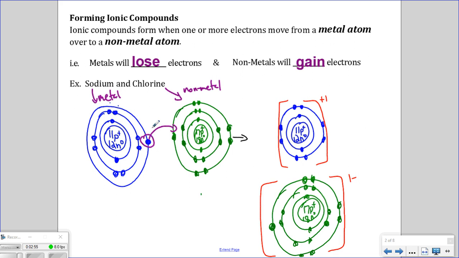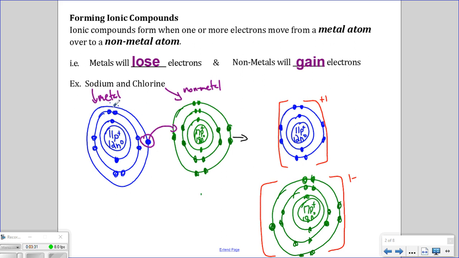So by losing this electron, these 8 electrons will become the valence electrons, and so sodium will be happy now. It has a full orbit of electrons. Here with chlorine, in the outer shell, chlorine has 7 valence electrons and has room for one more to get to that complete orbit. So by sodium transferring an electron over to chlorine, they are both happy in this case.